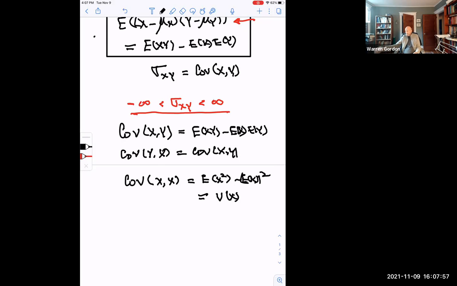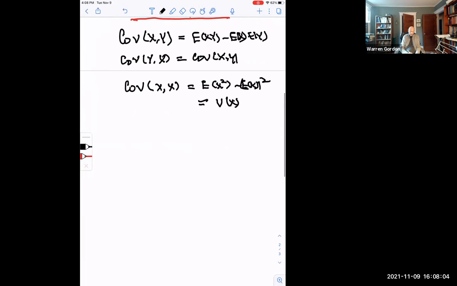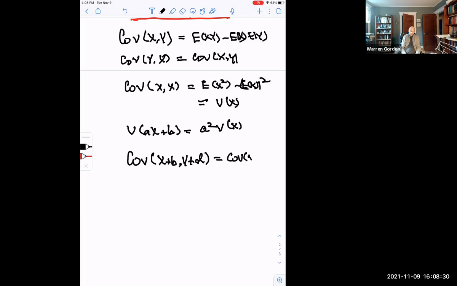And it satisfies some interesting properties. For example, we know the variance of AX plus B is equal to A squared V of X. It's easy to show that the covariance of, say, X plus a constant, Y plus a constant, the translation property is satisfied.